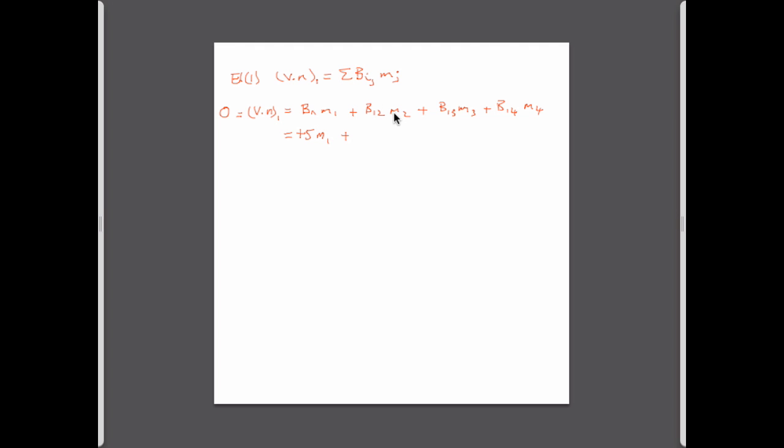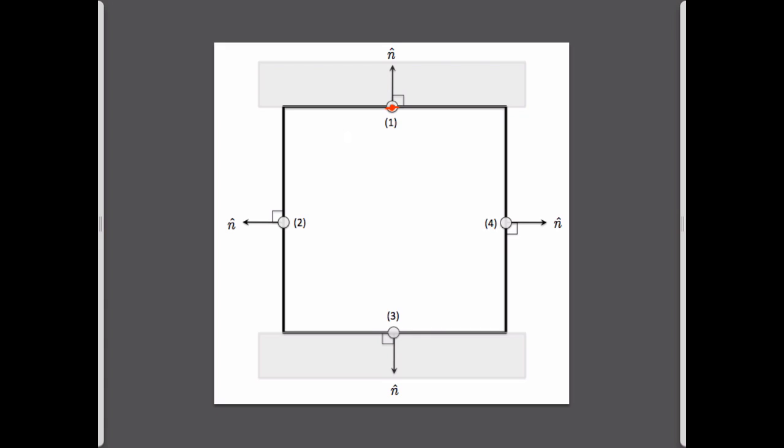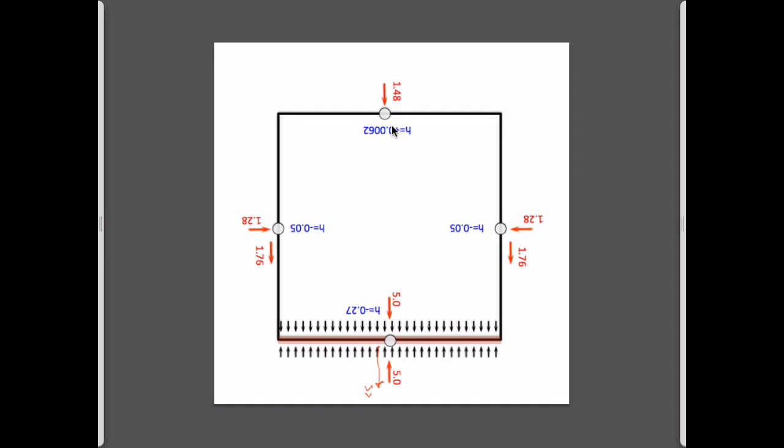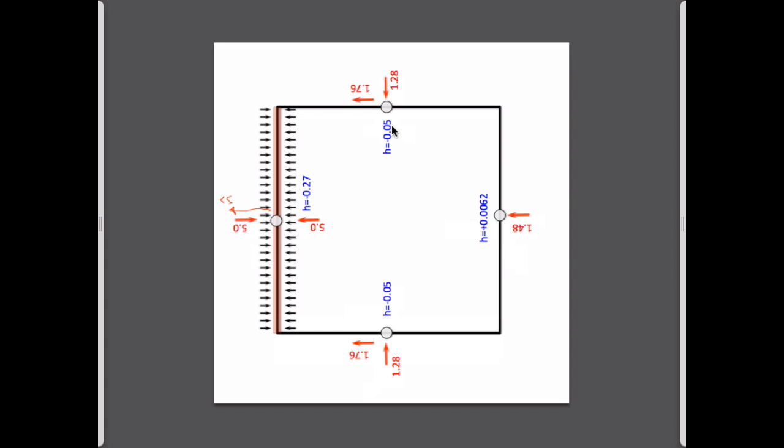We're going to put a source in the next element, which is going to be here, and we're going to look at its influence on the velocity at this point. So we put a source here, and this is of magnitude M2. It's going to have an influence at this point here.